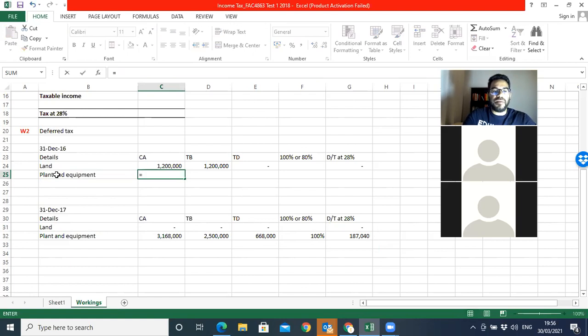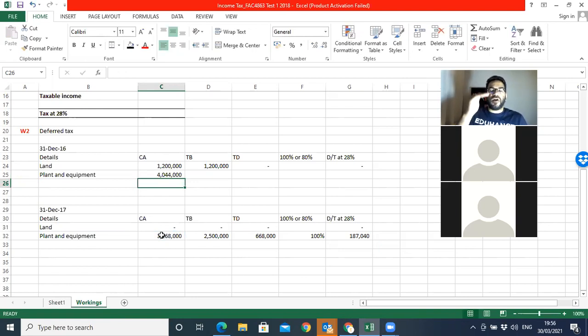The 2016 amount is simply going to be the 2017 balance plus the depreciation, 876,123, because the only way the carrying amount went from 2016 to 2017 was through depreciation. So by adding depreciation back to the 2017 number, we get what we had as at 31 December 2016.